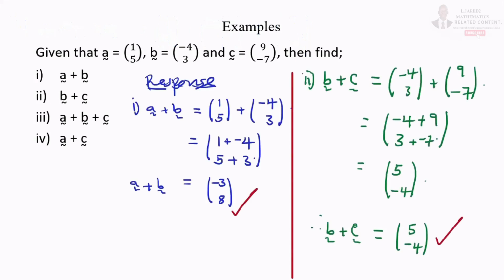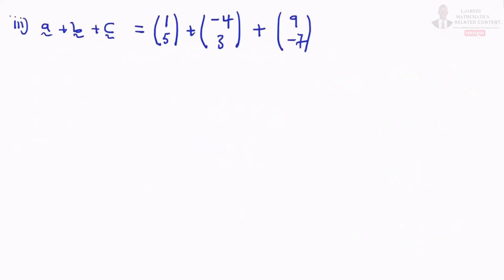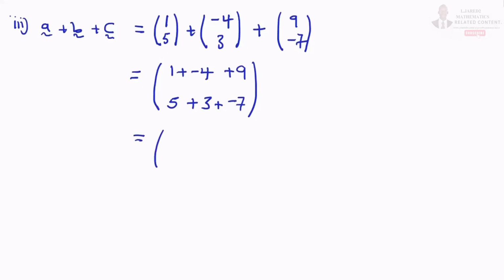We can cross check and confirm it is exactly that. So our next step is to simplify. We sum the components from the x-axis, so we have 1 plus negative 4 plus 9. Then we have 5 plus 3 plus the corresponding entry, negative 7.